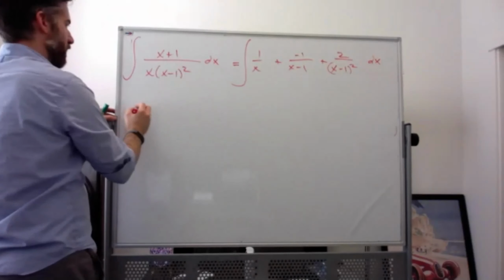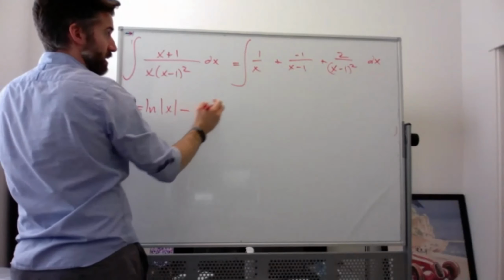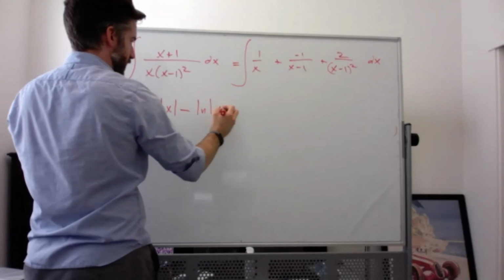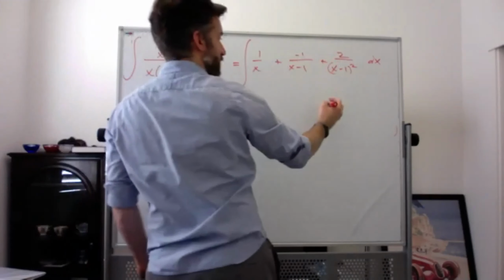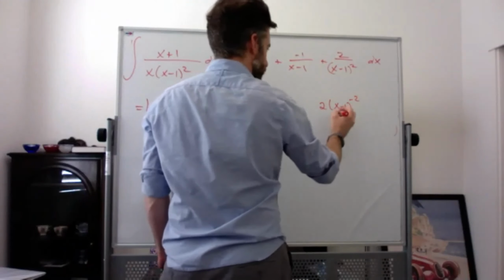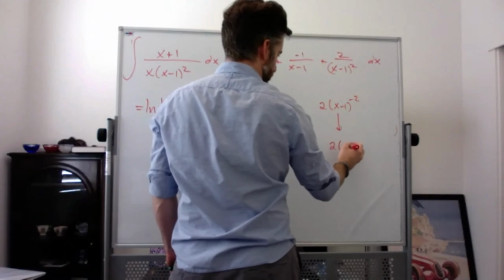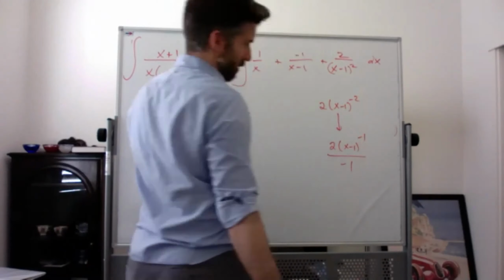And we're going to end up with the natural log of the absolute value of x minus the natural log of the absolute value of x minus 1 plus the integral of 2 times x minus 1 to the negative 2, which is 2 times x minus 1 to the negative 2 plus 1 divided by negative 2 plus 1.